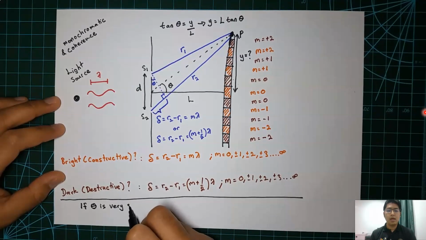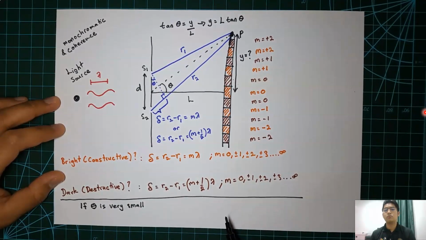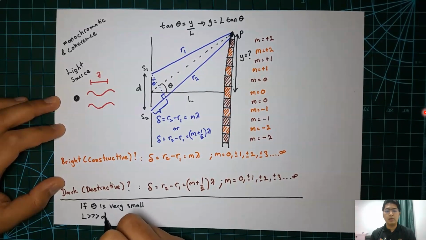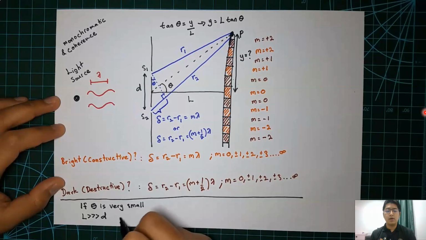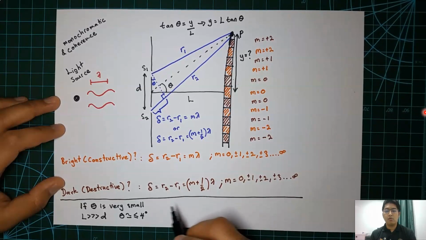So if the angle theta is very small, and it must be very small because the distance between the slit and the screen is very large compared to the slit distance d, then theta will be much smaller than 4 degrees.